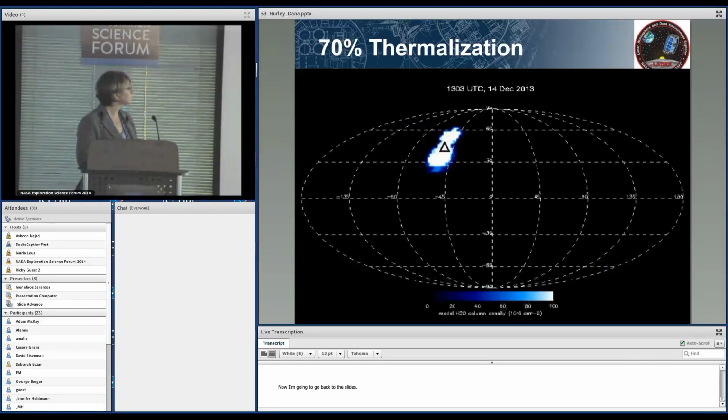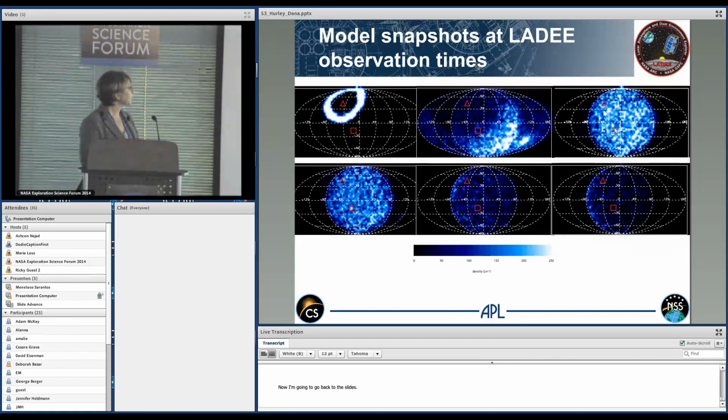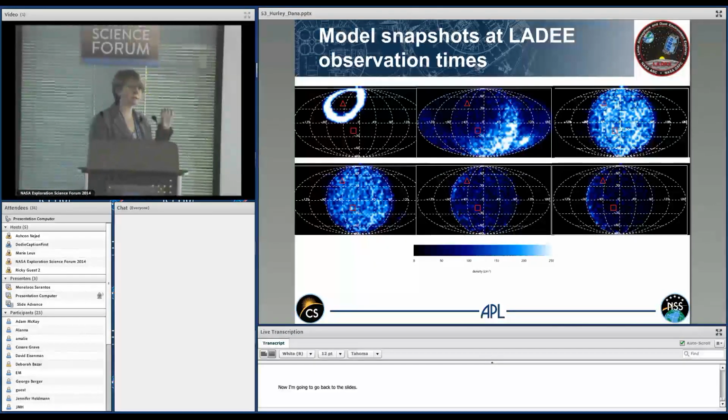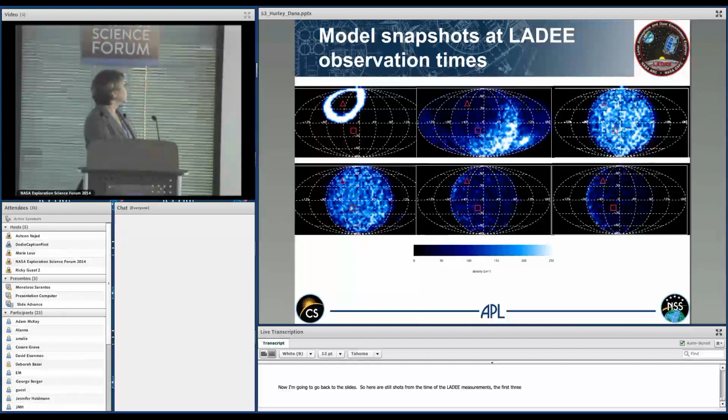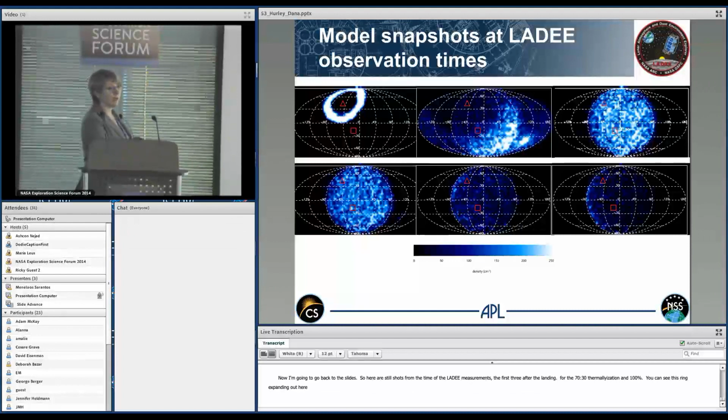Okay, so here are just the still shots from the times of the LADEE measurements, those first three after the landing, for the 70% thermalization and the 100% thermalization. And you can see this ring expanding out here. It actually hasn't even quite gotten to LADEE at the time of that first measurement.